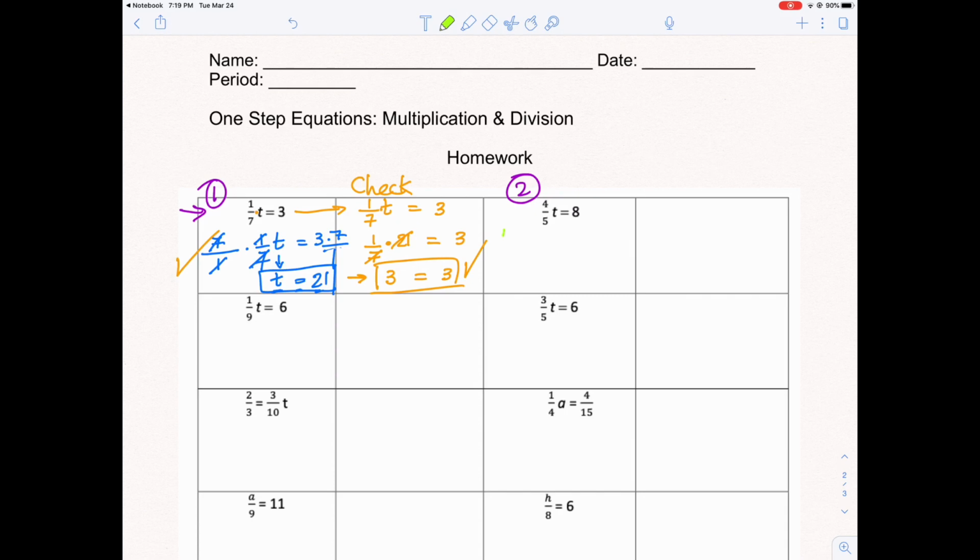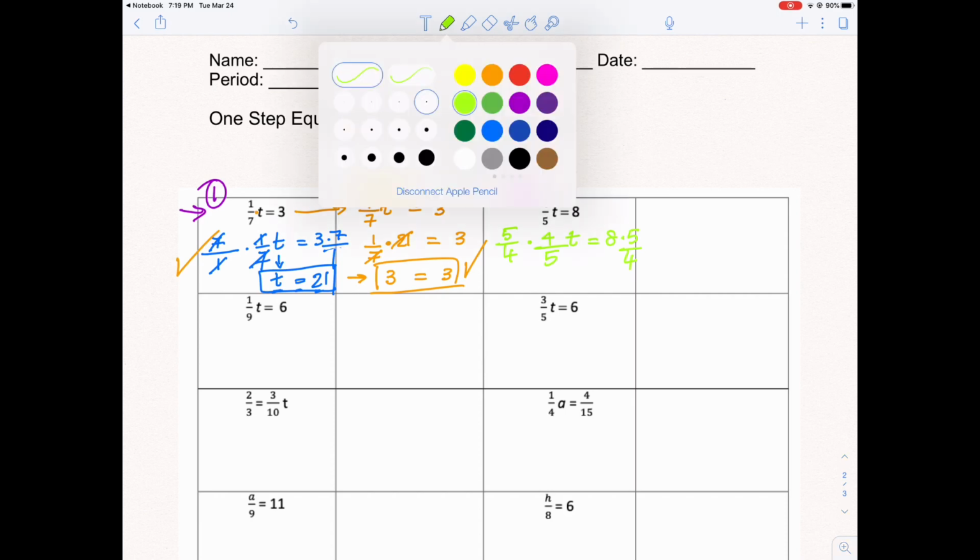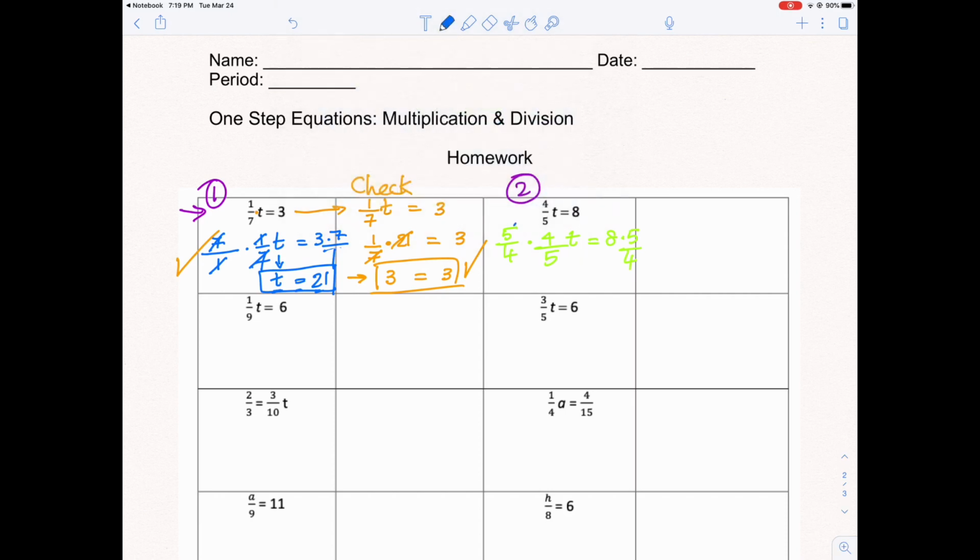So 5/4 multiplied by the original equation on both sides. What happens here? The beautiful thing, cancellation happens. 5 cancels 5, 4 cancels 4. I have a t which is equal to, on this side, 4 goes into 8 2 times, and 2 times 5 is 10. I solved the equation: t is equal to 10.